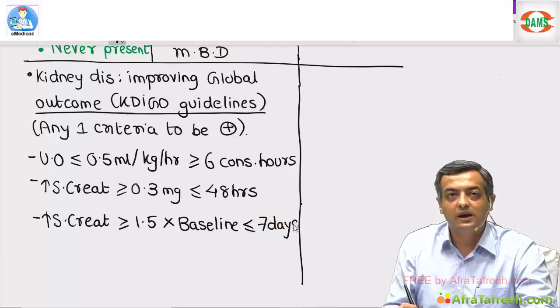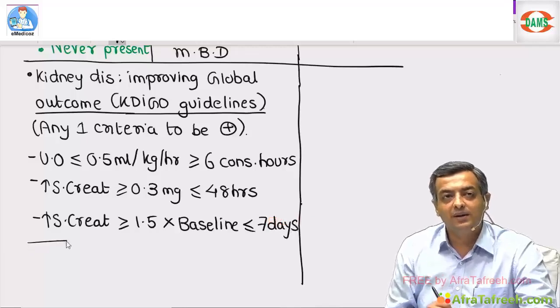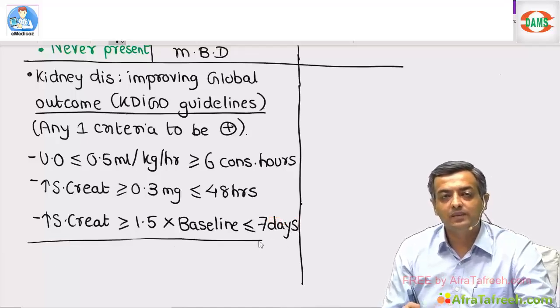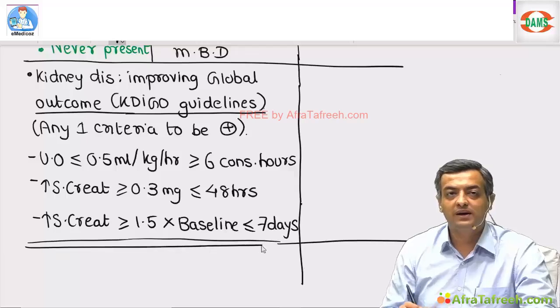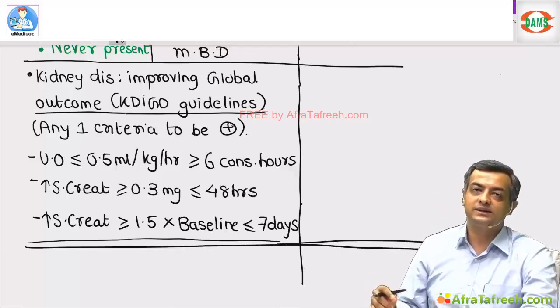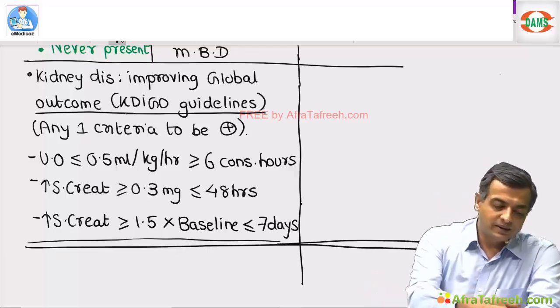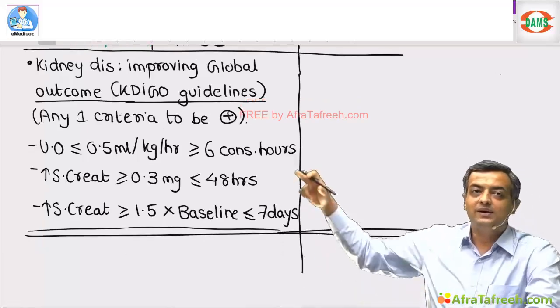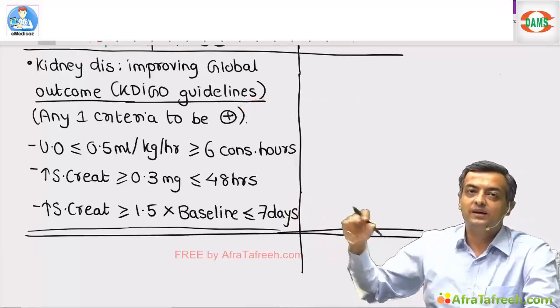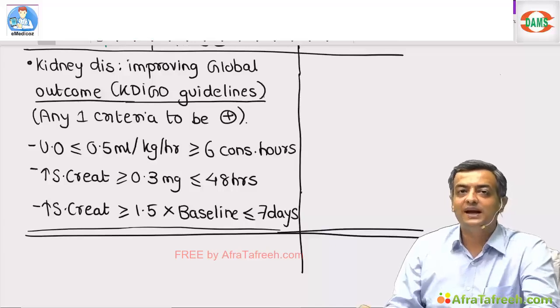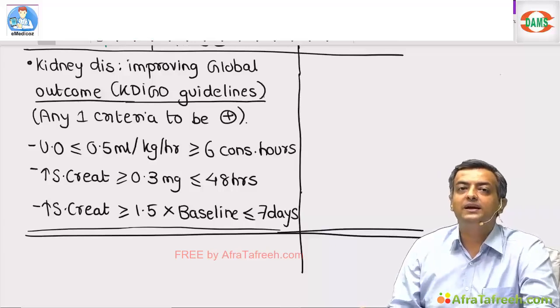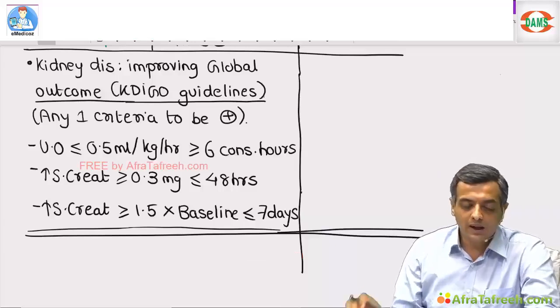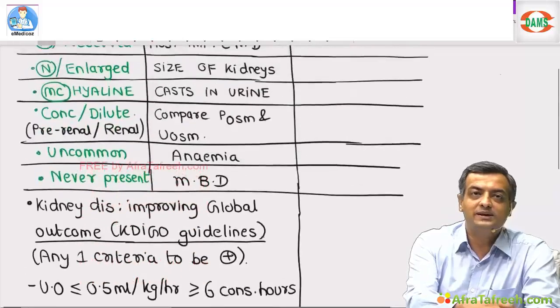Using any one of these criteria, you can mark for sure that the patient is having acute kidney disease. So when a patient has any one of these features, you can confirm the diagnosis of acute kidney injury. Now let's compare with the chronic side.